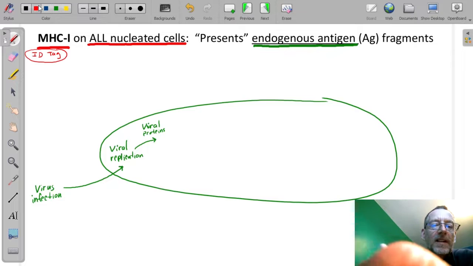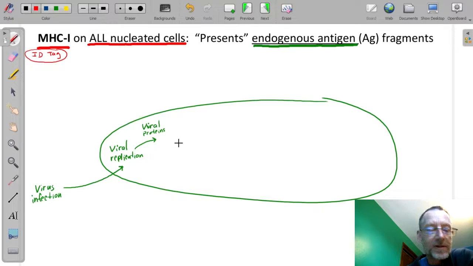So let's pretend that this is a viral protein. I'm just drawing some sort of random structure. So this is a piece of the virus. So these proteins, they get made. And they will eventually get assembled into a virus.